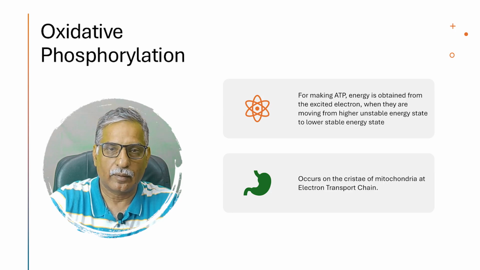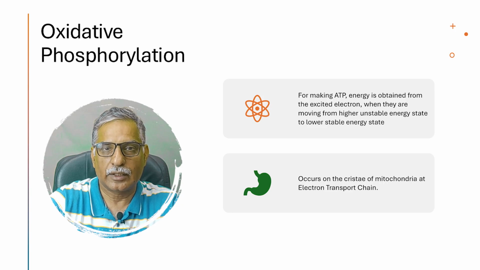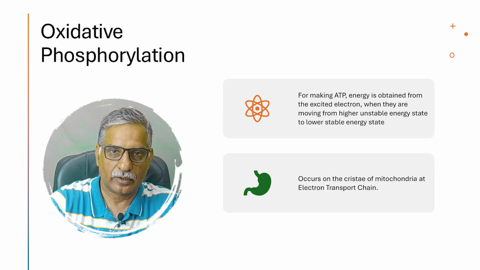But remember one thing, oxidative phosphorylation only occurs at the electron transport chain that is located on the cristae of mitochondria. And oxidative phosphorylation does yield the maximum amount of ATP out of a glucose molecule that is taken as the primary respiratory substrate.